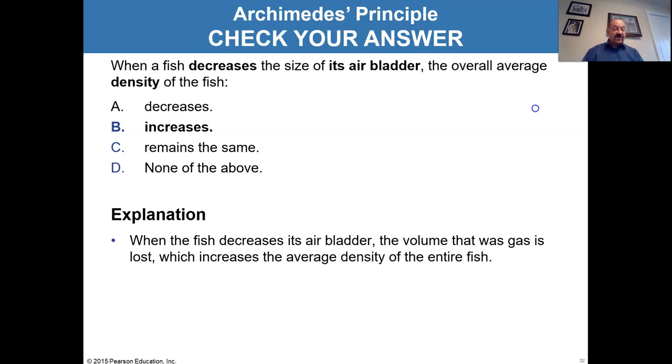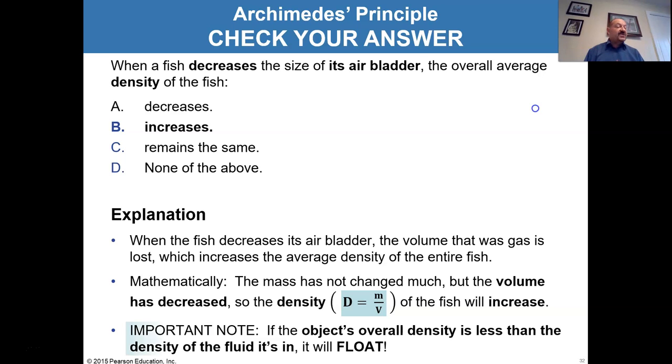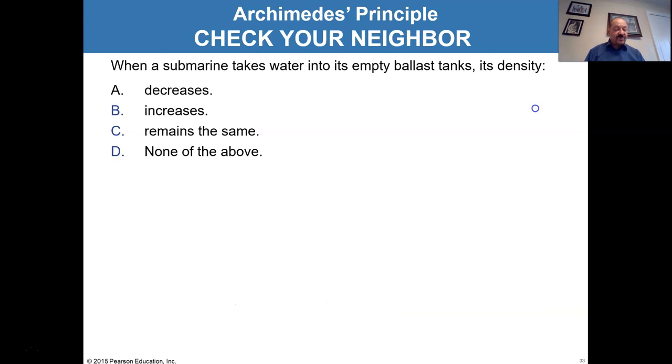So they're inversely proportional. So when it decreases the air bladder, the volume of the gas is lost. The fish gets smaller, it's more dense, density goes up. And if the object's overall density is less than the density of the fluid, it'll float. We're not talking about the fish necessarily, but that's true for any object.